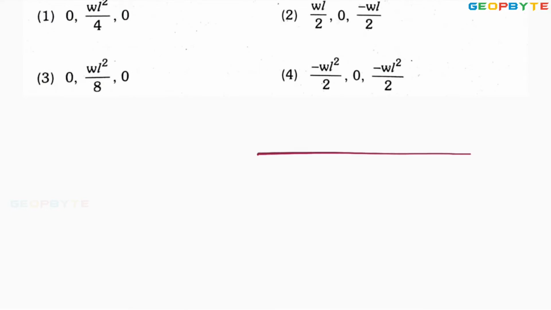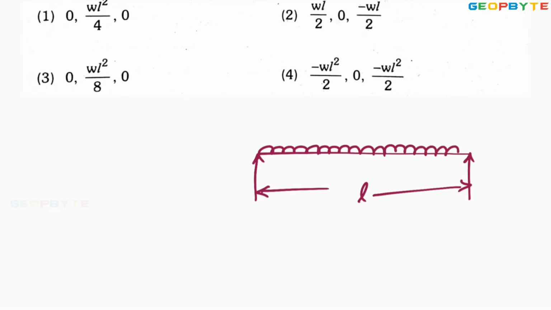A simply supported beam means the beam has two supports at its both ends. The length of the beam is given as L, and it is carrying the uniformly distributed load throughout the length. The magnitude is W Newton per meter.